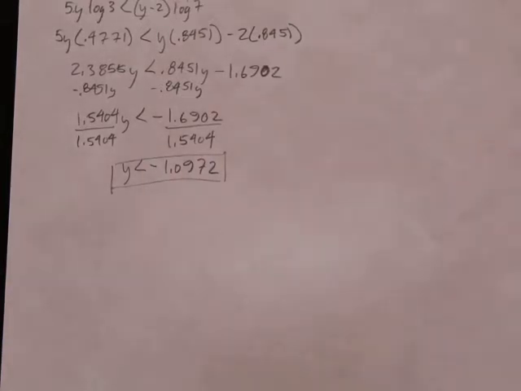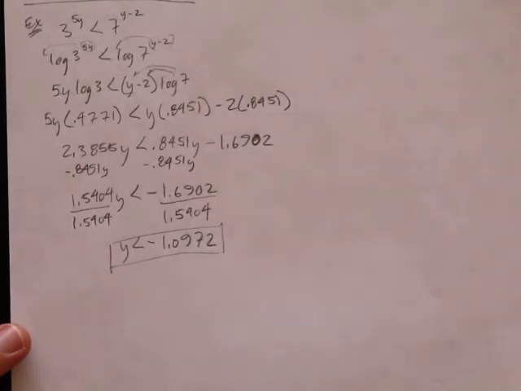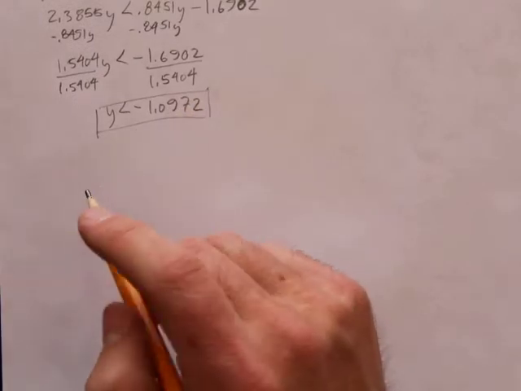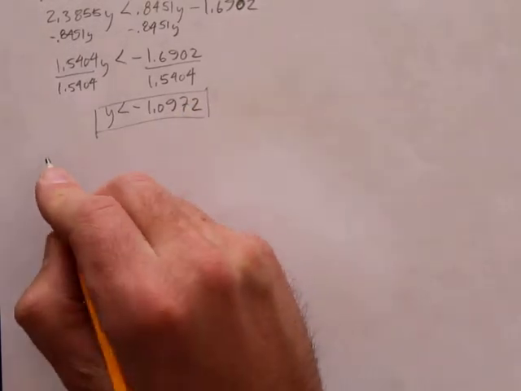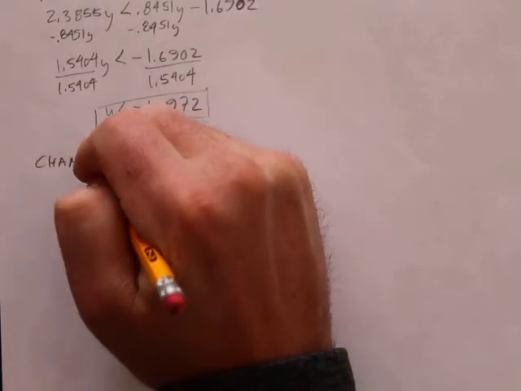Instead of giving you another example to work out together, I would like to move on before we get too long in this video to show this last little bit: the change of base formula.